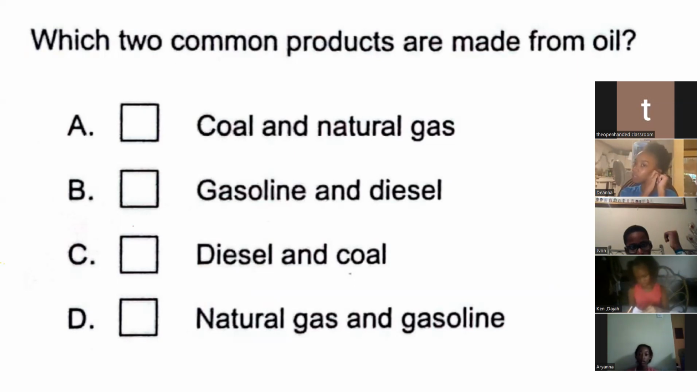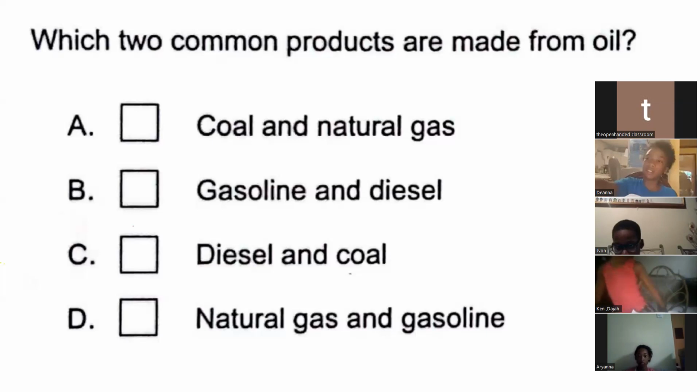Gasoline and diesel. I think the answer is B, gasoline and diesel. Okay.